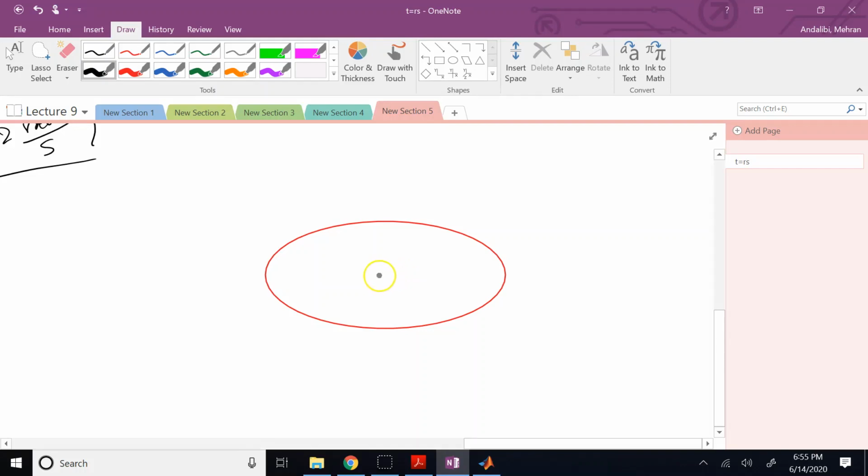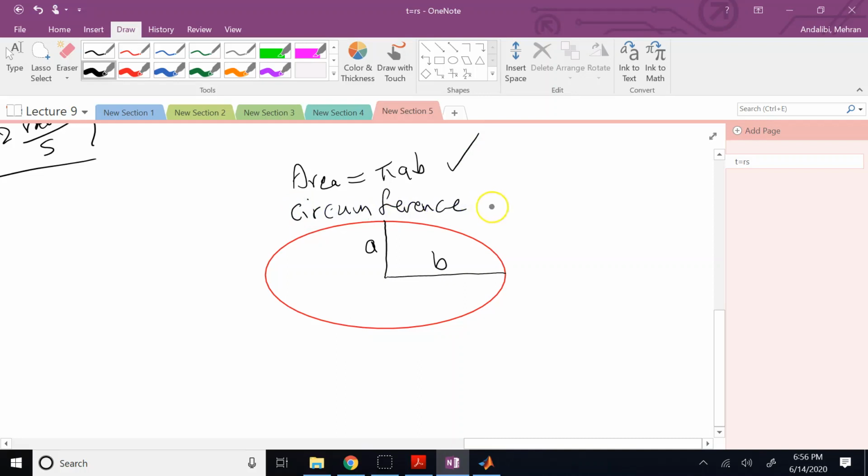If this is an ellipse, and the semi-minor and semi-major axes are A and B, what is the circumference of the ellipse? You know, the area of the ellipse is pi AB, right? We know this. But what is the circumference of the ellipse in terms of A and B?